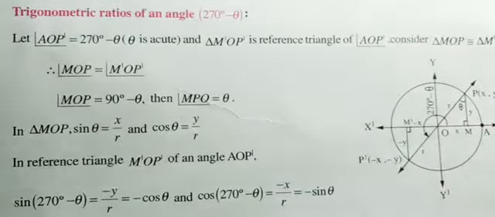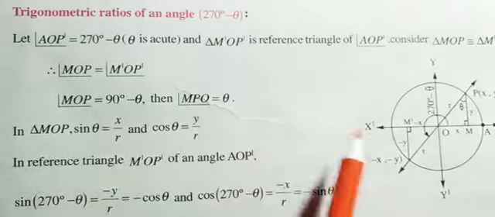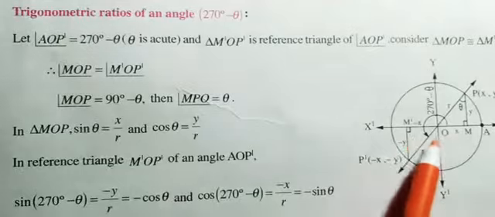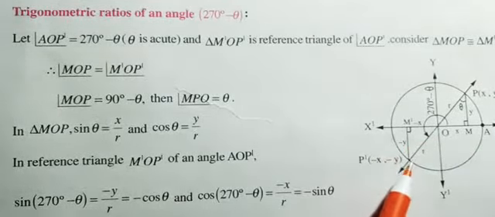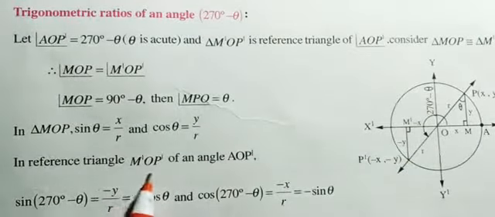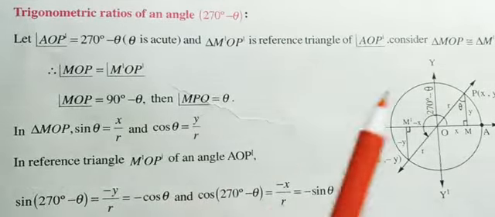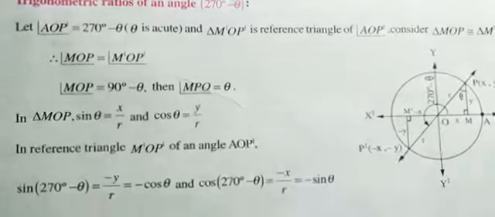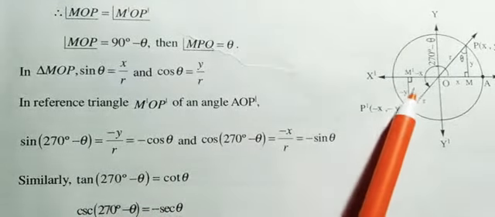Now here sin 270 minus theta, this angle is the reference angle of AOP dash, with reference triangle M dash OP dash.